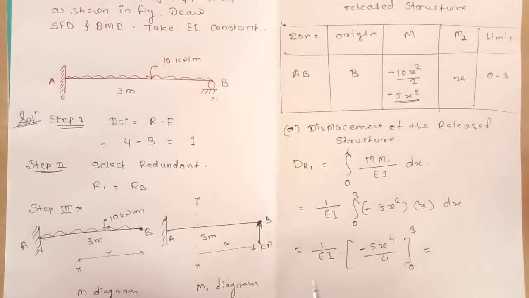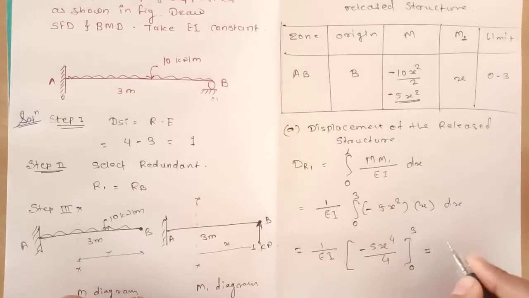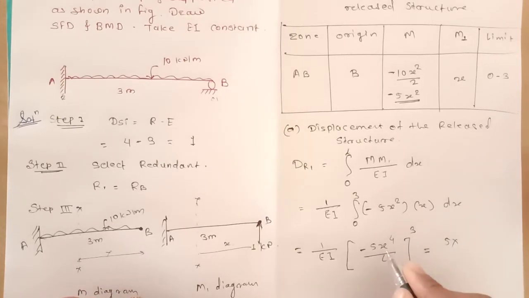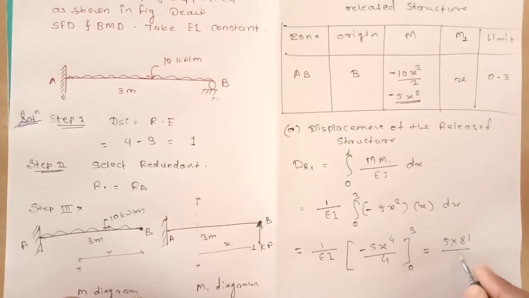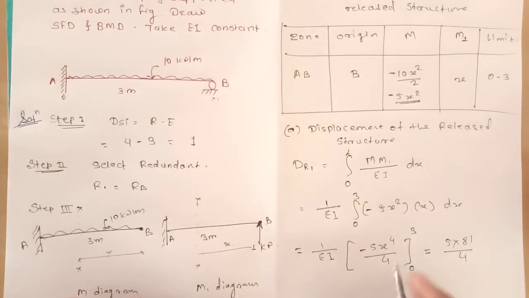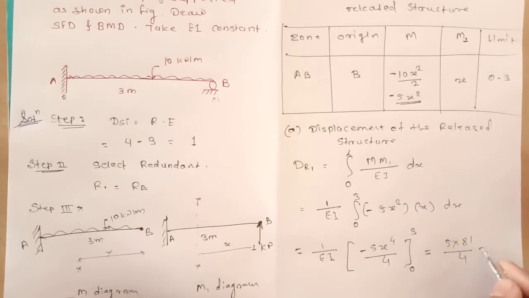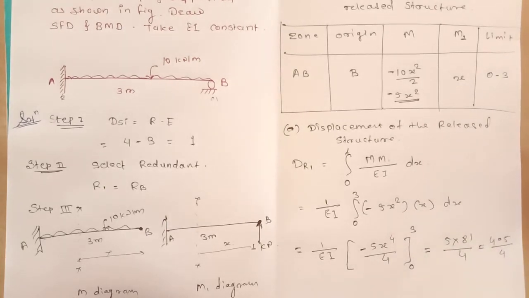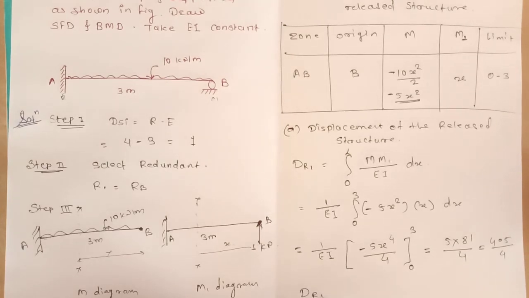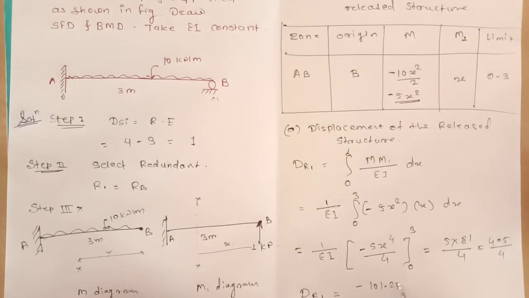Then put in the limit for x. So 5 into 3 raised to 4 is 5 into 81 divided by 4, so the answer is 405 divided by 4. So our displacement of the released structure is equal to minus 101.25 divided by EI.